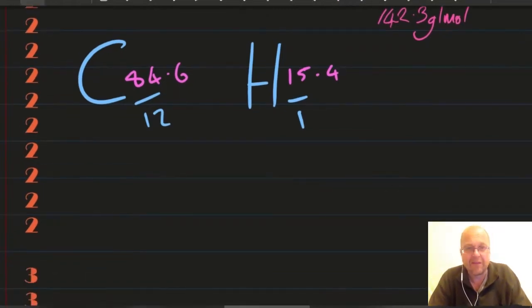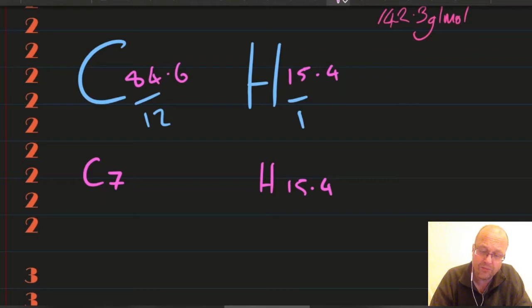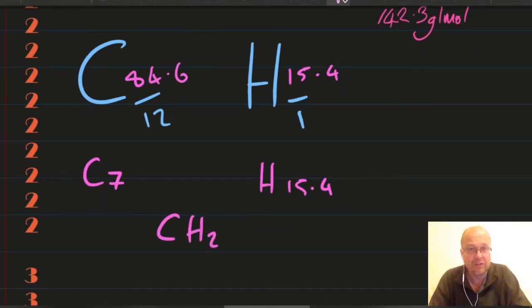So I'm basically working out the moles of each one. So I can do that as hydrogen 15.4. That looks like a nasty number. And carbon, is that 7? About 7? Ugh. C7H15. I was hoping for C7H14, but you know what? I'm just going to say CH2 is the empirical formula. Close enough.